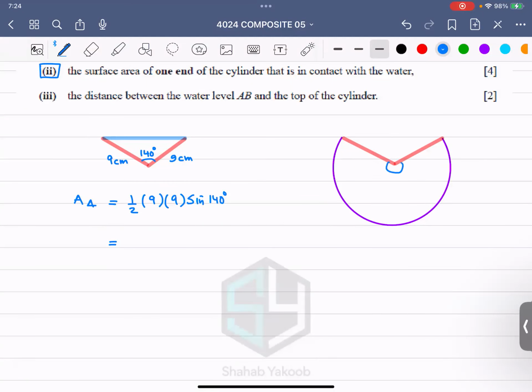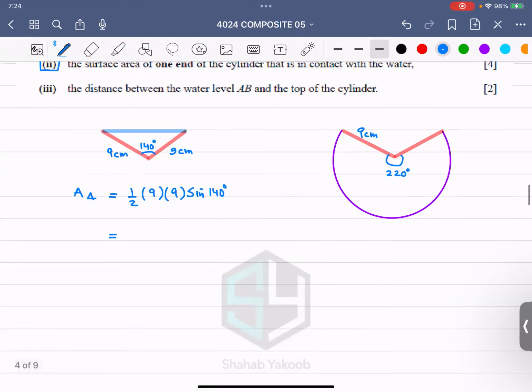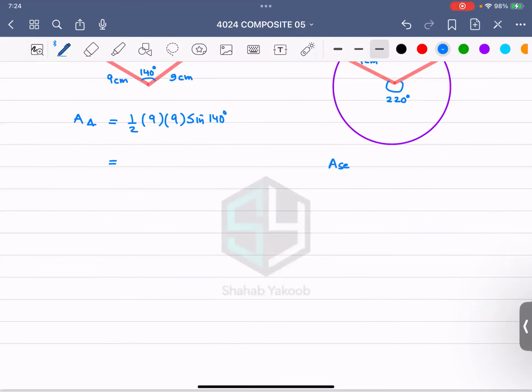Then over here, this is 220 degrees. This is 9 centimeter. So therefore, area of the major sector is 220 over 360 degrees multiplied with pi r squared, that is 9 squared.